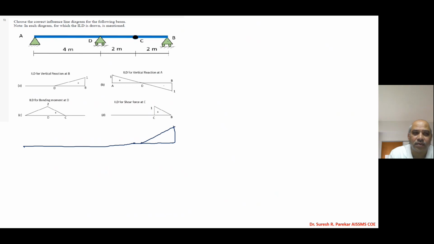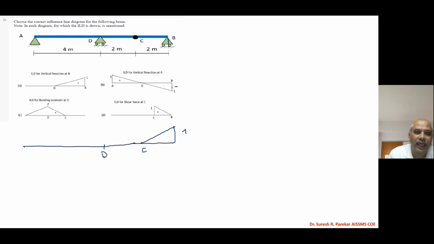So first this is 1 and 0. This is at C, not at D. At D to C, we should have this value 0. Then this is given ILD for vertical reaction at A. Not possible, because we know at B, RA should be 1 and we have given this value. So this is not possible.